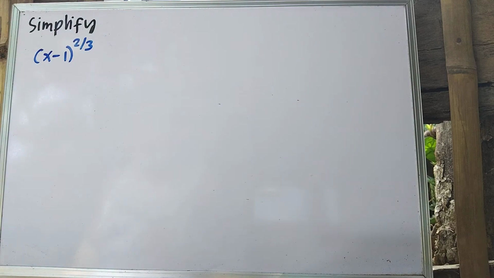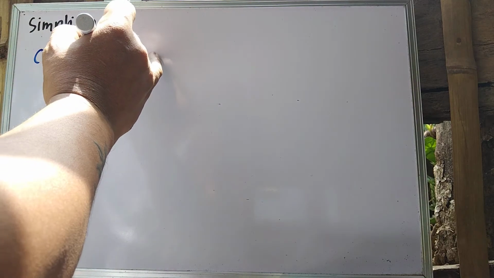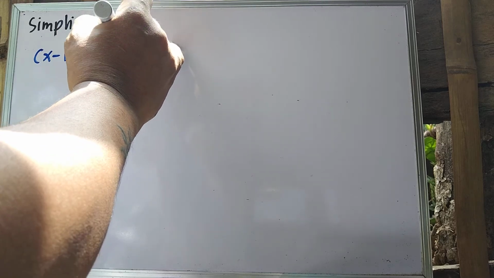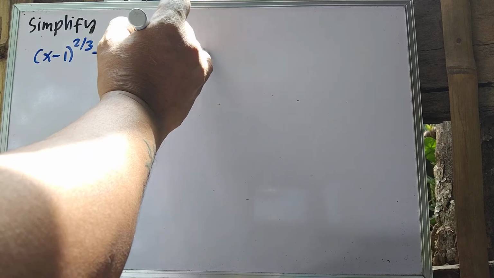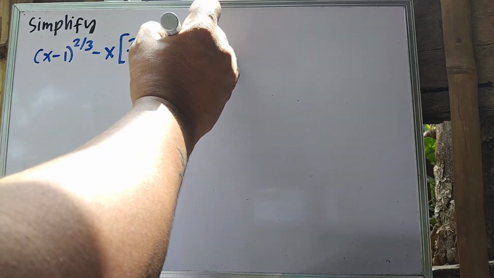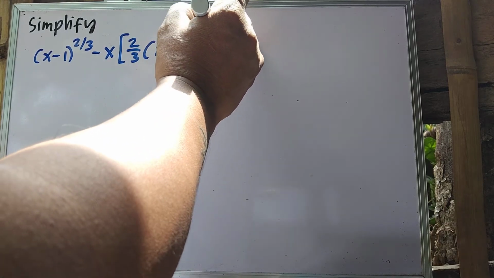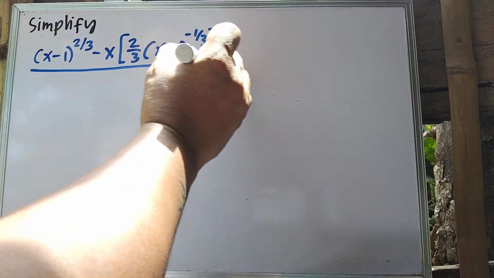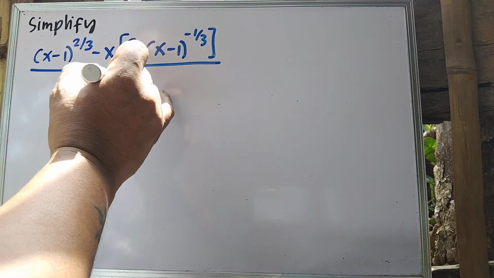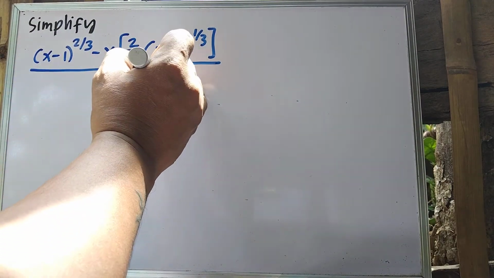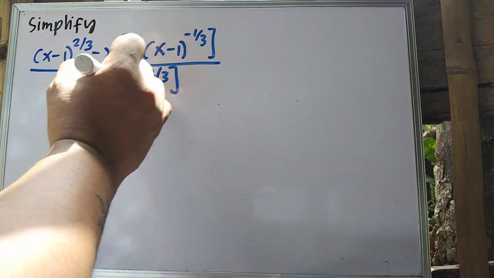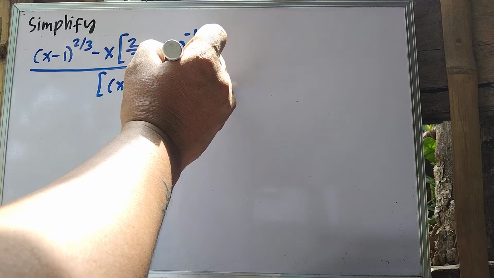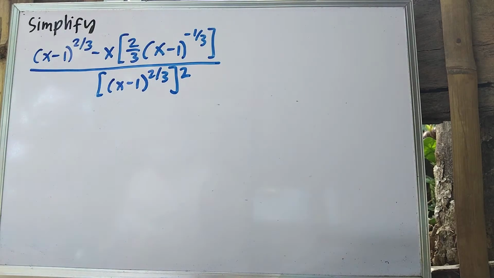x minus 1 to the power of 2 third minus x times 2 third times x minus 1 to the power of negative 1 third, close bracket, all over x minus 1 to the power of 2 third, raised to the second power.